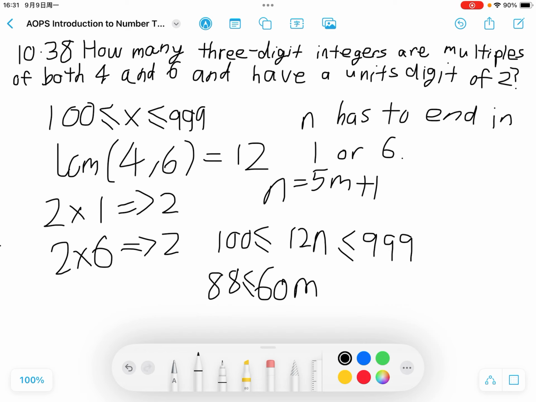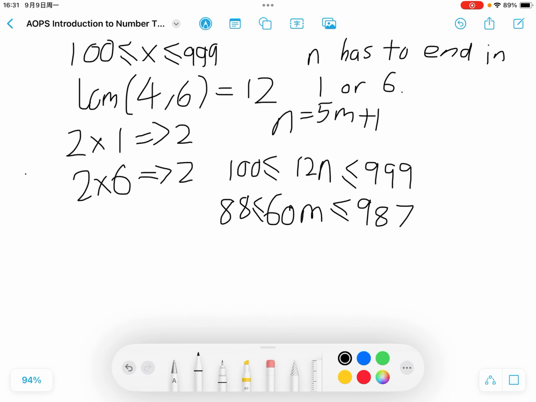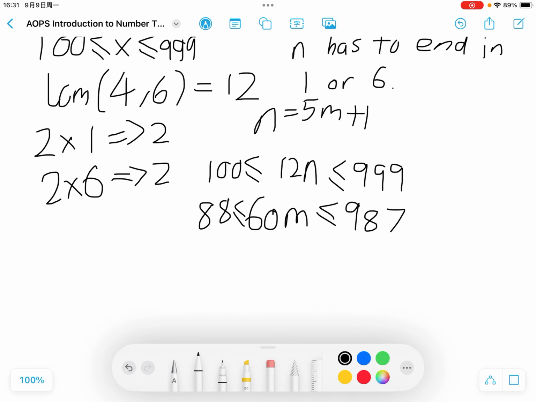So 60m is larger than or equal to 88, and is less than or equal to 987. So if you divide both sides by 60, 88 divided by 60 is around 1, and if you round 1 up, you have 2.